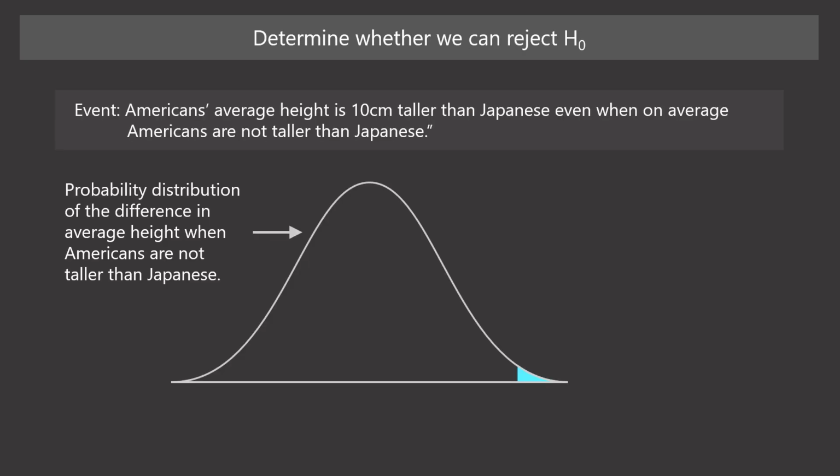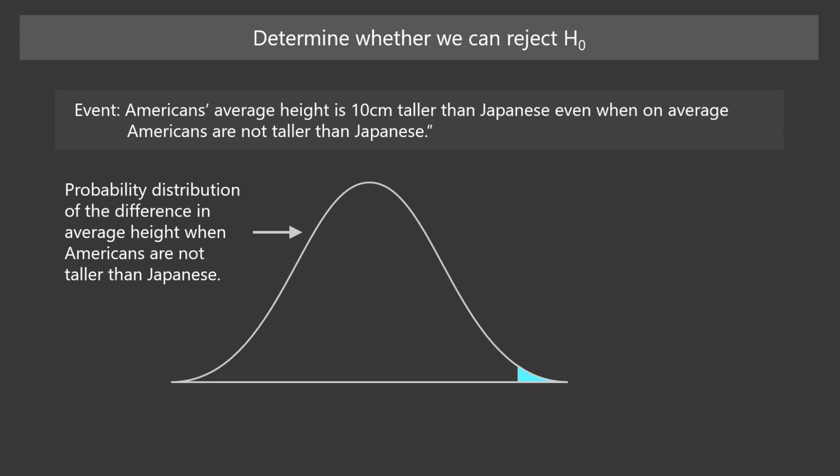Using a test statistic, we can transform data into probability distribution. In the example of body height, the event is Americans' average height is 10 centimeters taller than Japanese, even when, on average, Americans are not taller than Japanese.